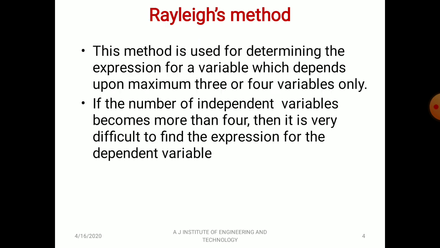Rayleigh's method is used for determining the expression for a variable which depends upon a maximum of 3 or 4 variables only. This method is applicable for obtaining a relationship between dependent and independent variables if the number of independent variables is limited to 3 or 4 only.